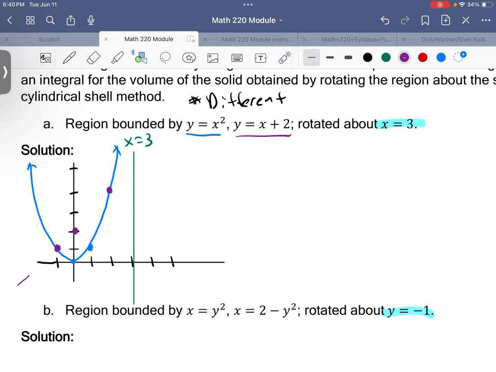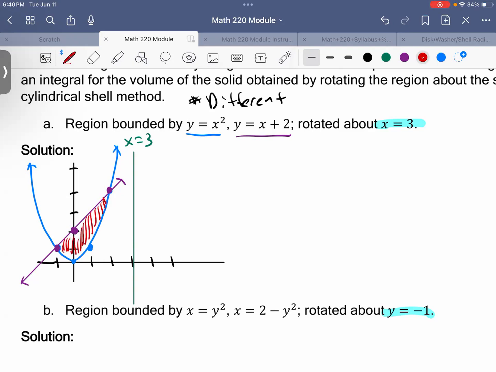Okay, so that's our line right there. And we have this shaded region in here.